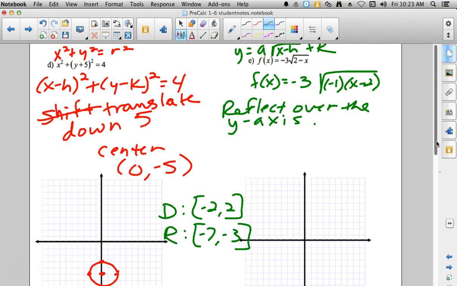What would be next to talk about? Remember, after that, we just follow the order of operations. So what would be next? Yep, right there.